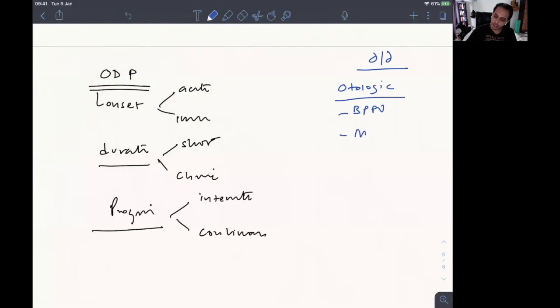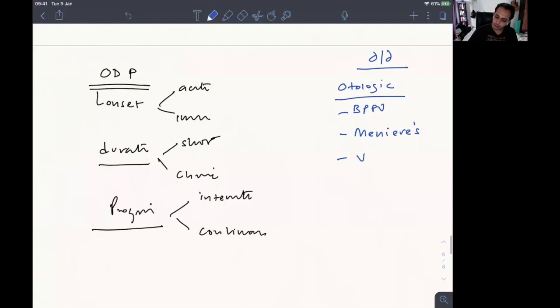You have something called Meniere's disease, and there is something called vestibular neuronitis. So all these three, and these are the three most common causes of ear dysfunction causing vertigo. And the main way to differentiate between these is that in BPPV, the onset is acute, the duration is short, and it will be intermittent.